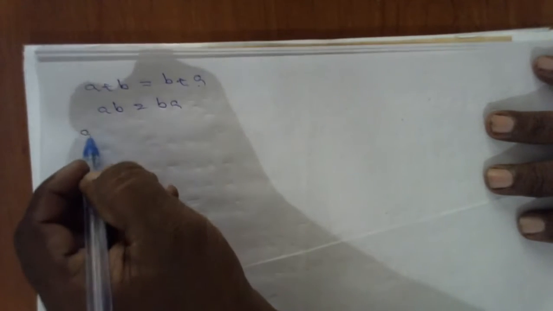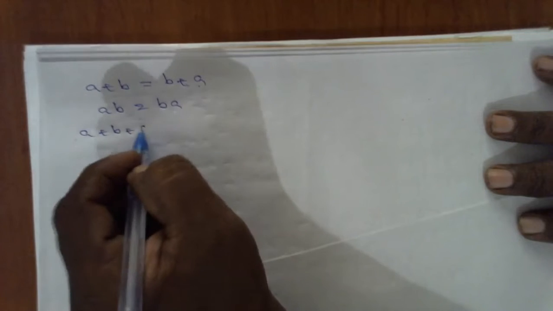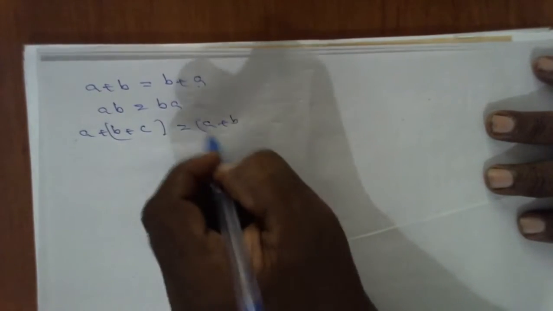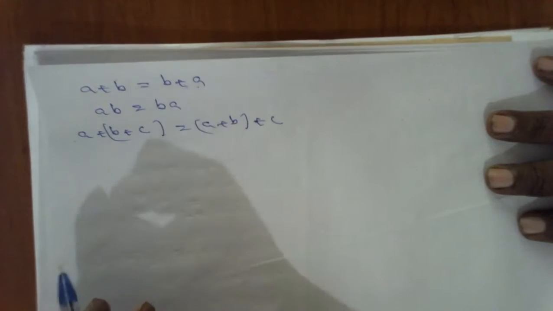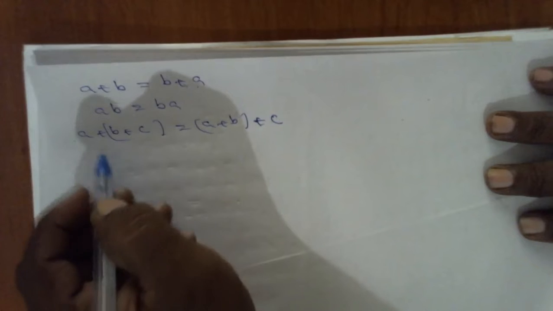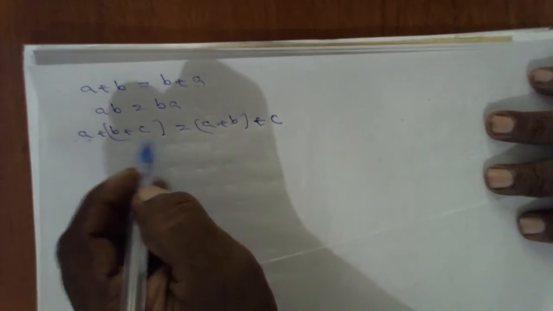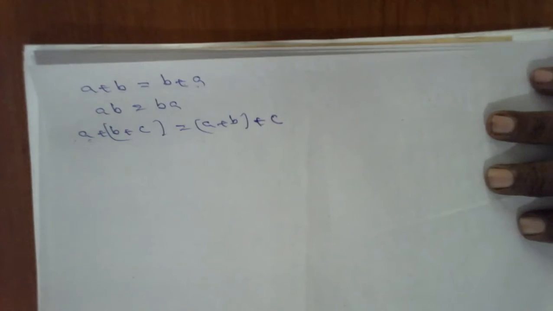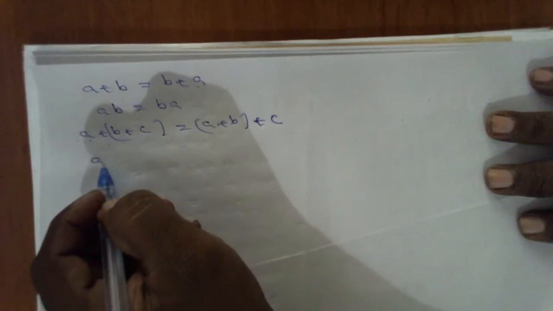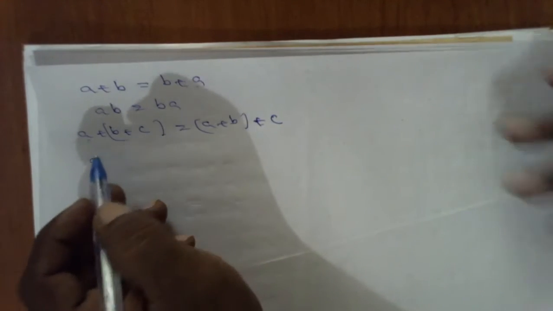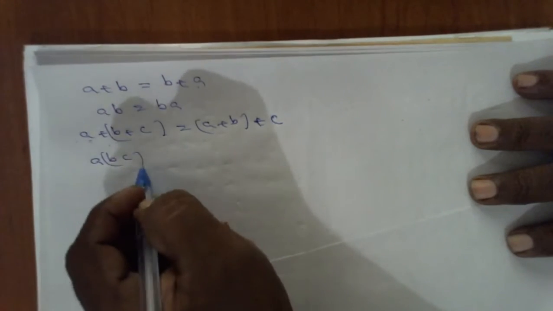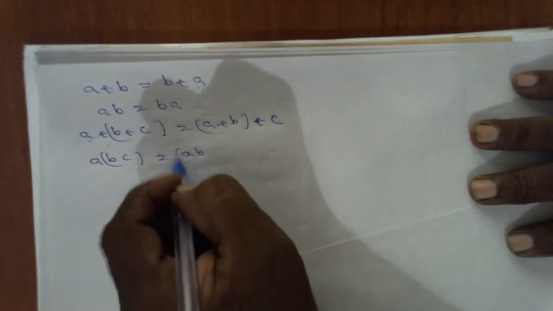Associative law: (a plus b) plus c equals a plus (b plus c). This is the associative law on addition. Associative law on multiplication: (ab)c equals a(bc).